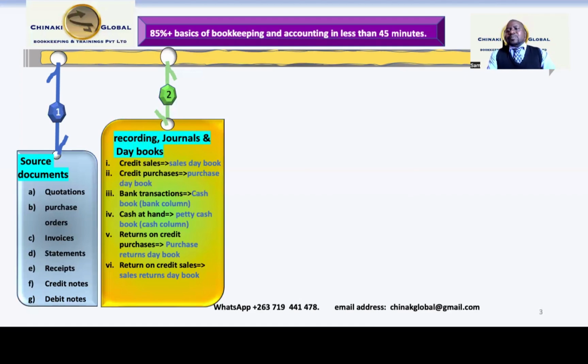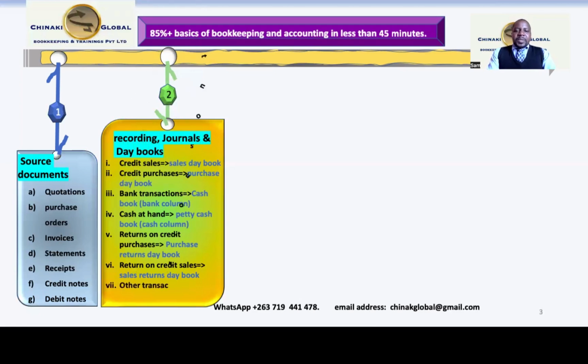Right? Sometimes we might also sell some goods to customers, and for some reason, other goods might be returned back to our business. These goods need to be recorded in what we call the sales returns daybook or returns inward daybook, right? Then if our business returns some of the goods to the suppliers, we need to record these goods in what we call the purchase returns daybook, right?